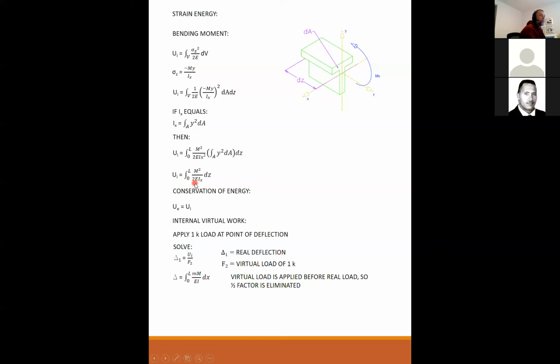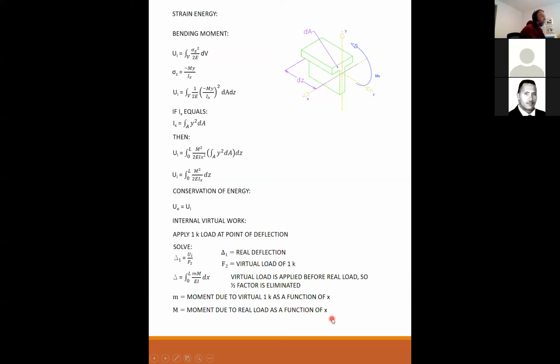You notice the 2 is gone from this equation here. In this equation, little m is the moment due to the virtual 1 kip load as a function of x. That's little m here. And capital M is the moment due to the real load as a function of x.